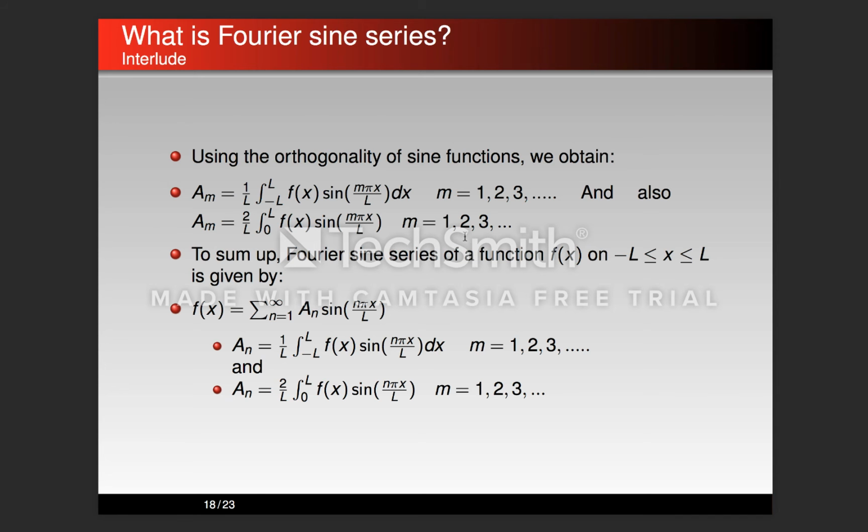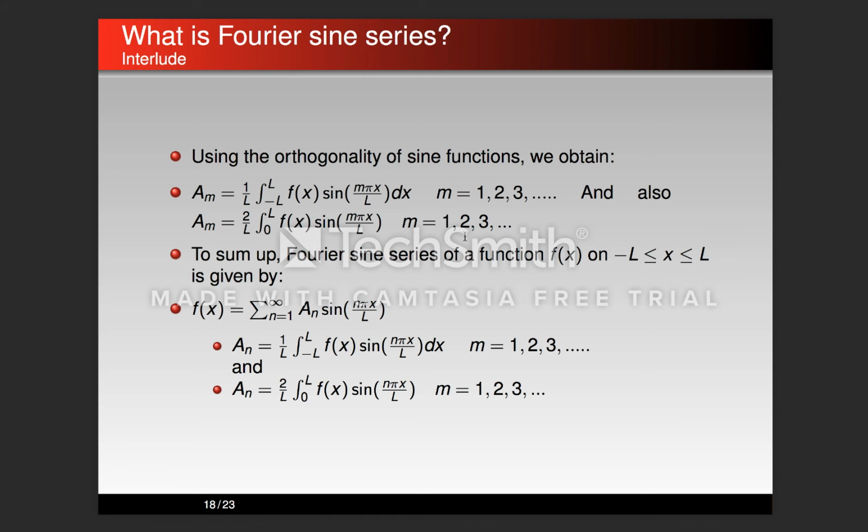So to sum up, the Fourier sine series of a function f(x) over the interval -L to L is given by f(x) equals the sum from n equals 1 to infinity of a_n, the constant a_n, times sin(nπx/L).